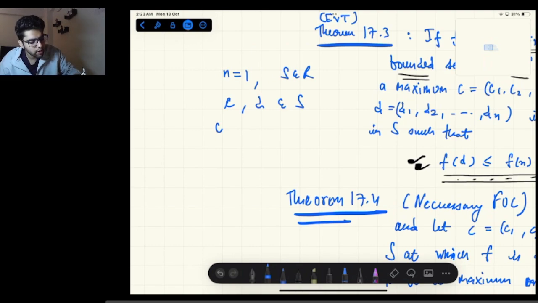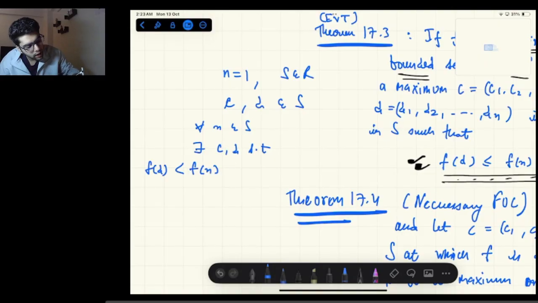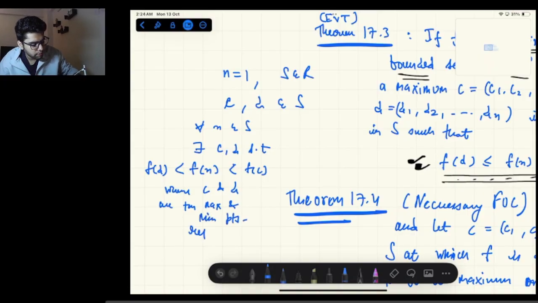So for all x belonging to S, there exist C and D such that f(x) always lies between f(d) and f(c), where c and d are the max and min points respectively.